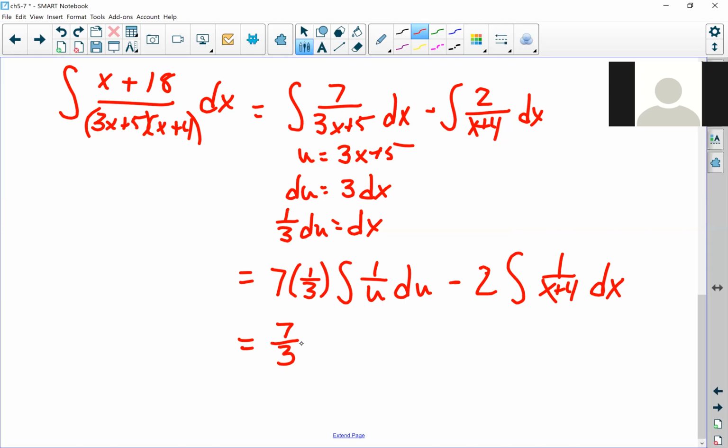Seven thirds. Integral of 1 over u is the ln of u. I could use substitution on this one as well, just calling it a different variable.